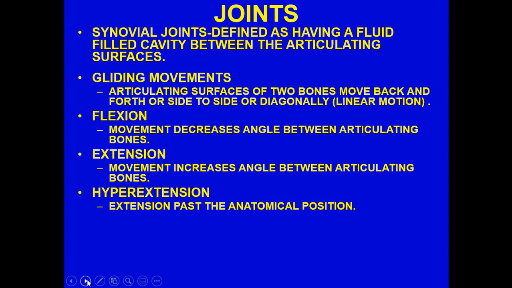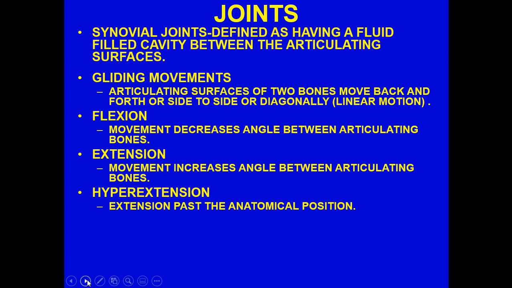So I stand corrected. I take my arm, it's outstretched, and then I start curling my arm. The forearm rises. The angle between, let's say, my upper arm and my lower arm goes 135, 120, 90, 60, 45 degrees, and that's about it. Extension is the opposite, so you're increasing the angle between the articulating bones.